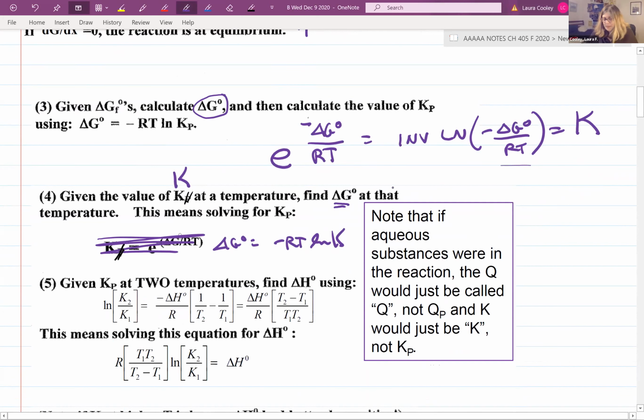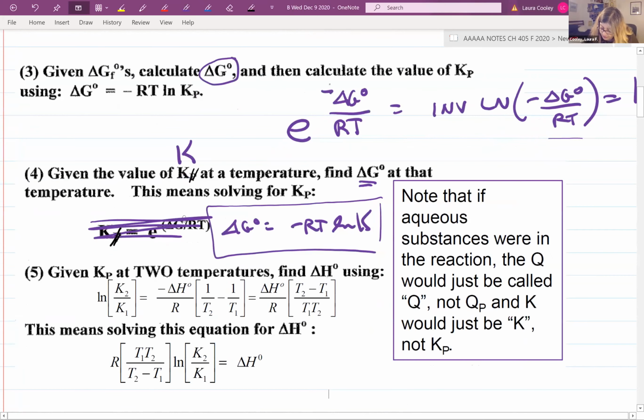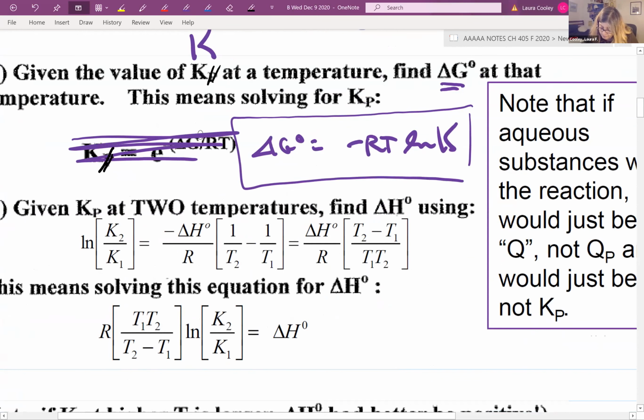And it's pretty obvious if you have a K, you can get delta G using that. And this again is the repeated equation that we just derived. So it's just writing it in two different ways, this simpler one.